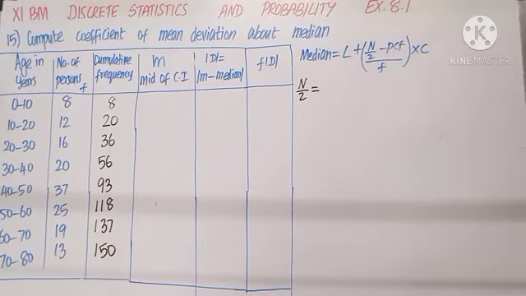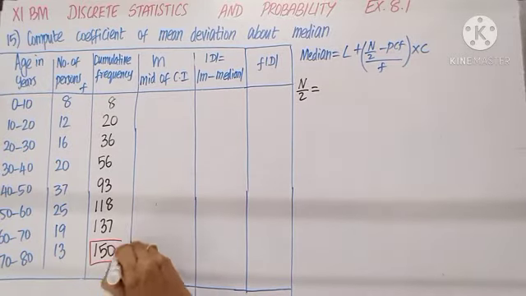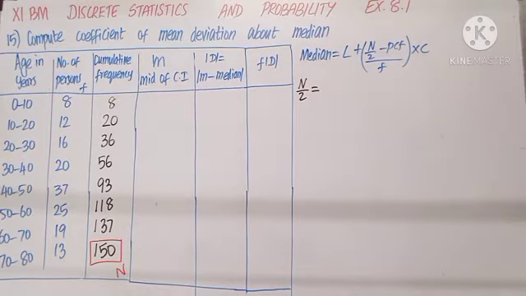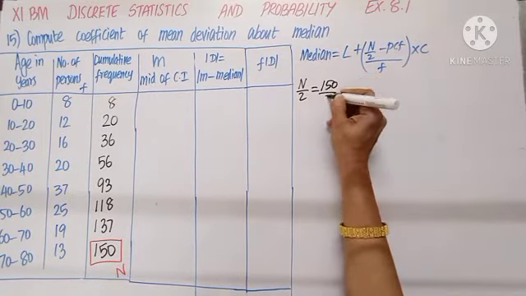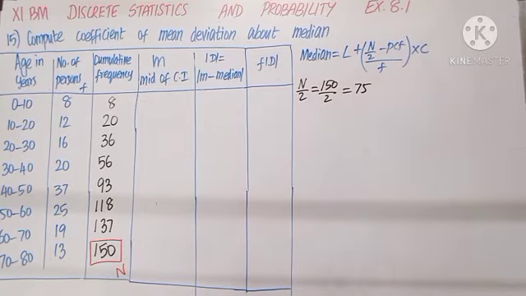We call the total frequency as n. As I know n, let me divide 150 divided by 2, that is 75.